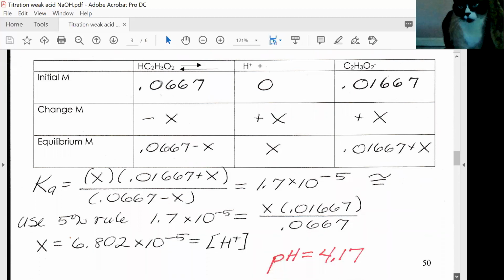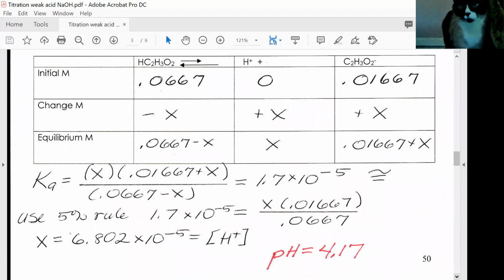We use the Ka of acetic acid. We use our equilibrium row to set up our equilibrium expression. We set it equal to 1.7 times 10 to the minus 5, which is our Ka. Use the 5% rule. Simplify. And then we solve for x.